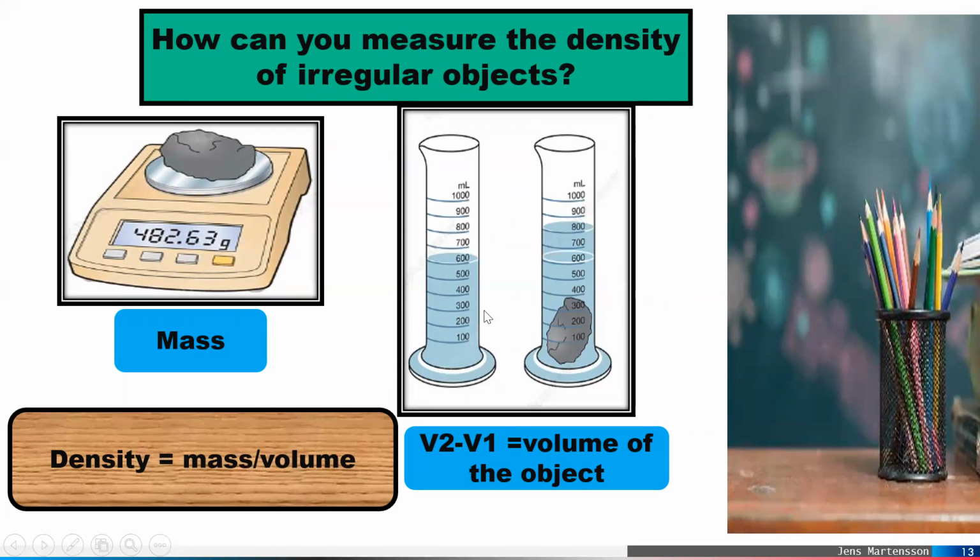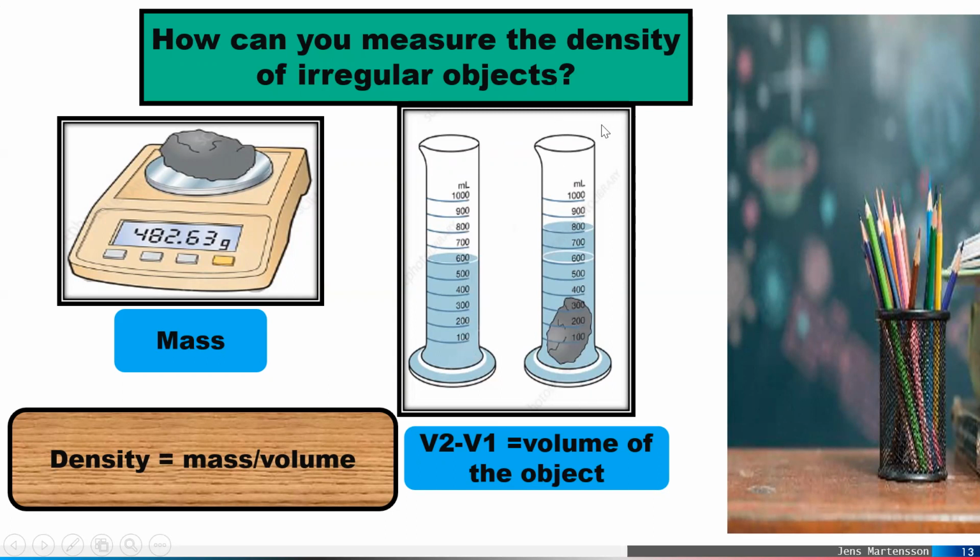But what about the volume? If you have a question asking how you can find or calculate the volume of an irregular shape, you can use the displacement method. The displacement method is to pour a known volume into a measuring cylinder and record this volume as V1.